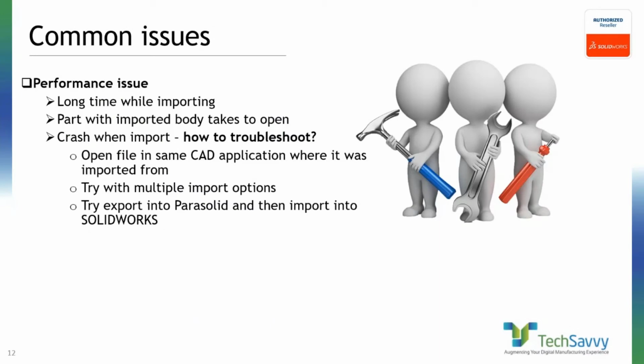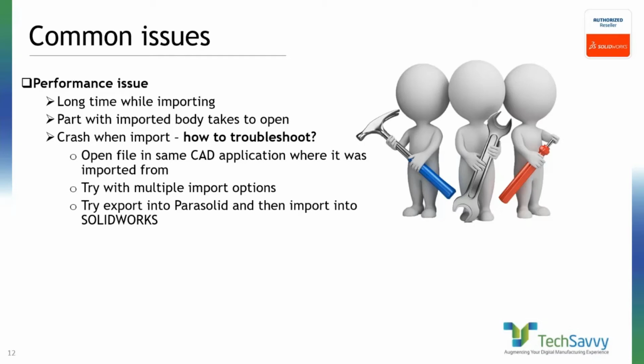Now some common issues based on performance. The very first common issue is that users face problems while opening the imported body inside SolidWorks, and it takes a long time to open. How do we troubleshoot? First of all, we identify the issue. The issue persists because of import or export of the file.